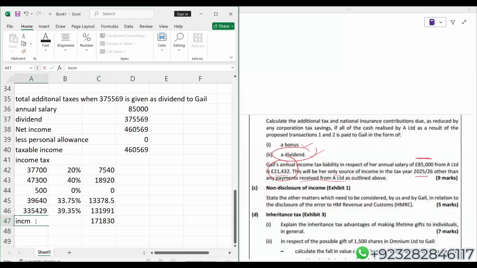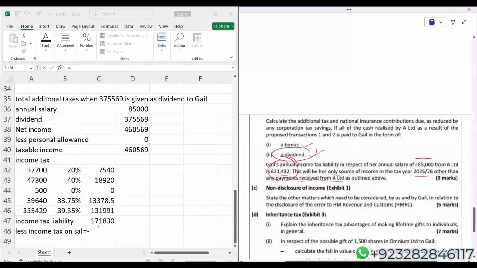Income tax liability. Now let us deduct less income tax on salary. How much have they given us?